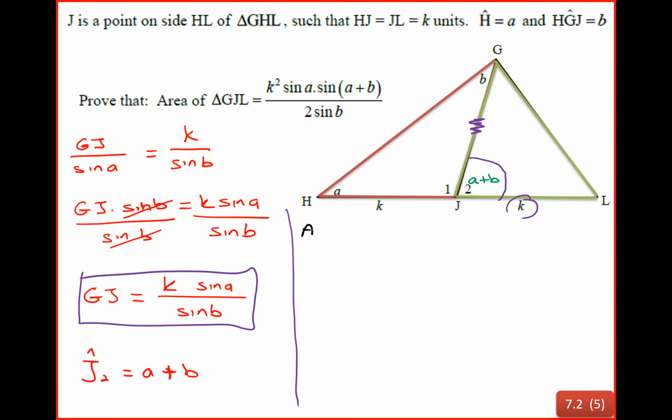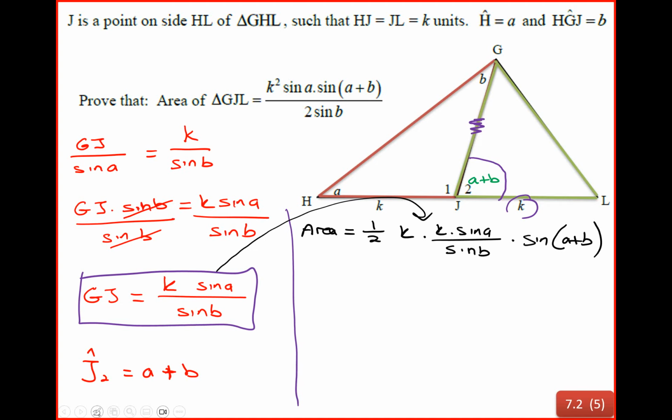So we can now say that the area would be equal to, and remember we're finding the area of triangle GJL, half K times the side, which is GJ, times sine of the angle A plus B.